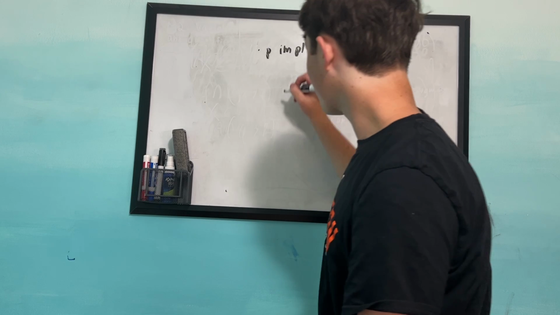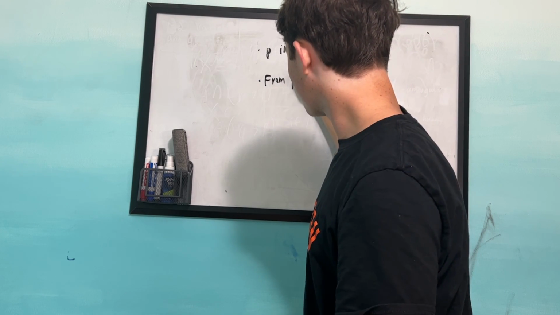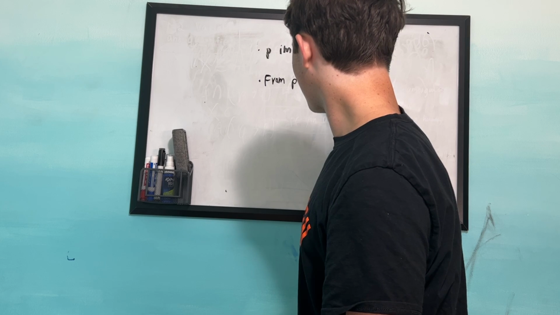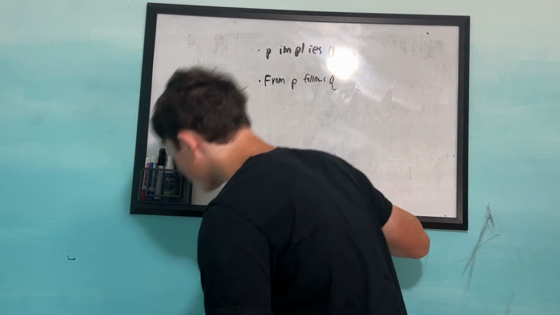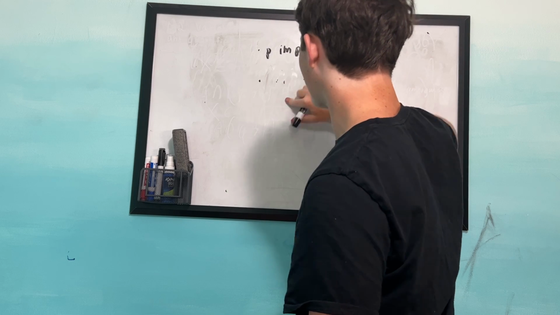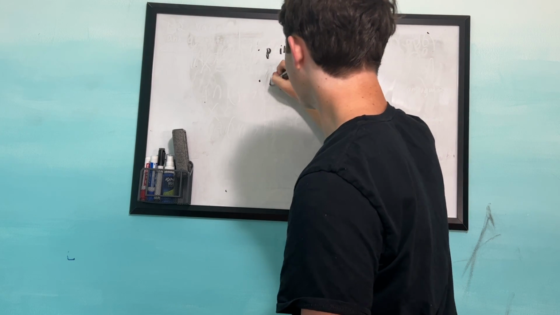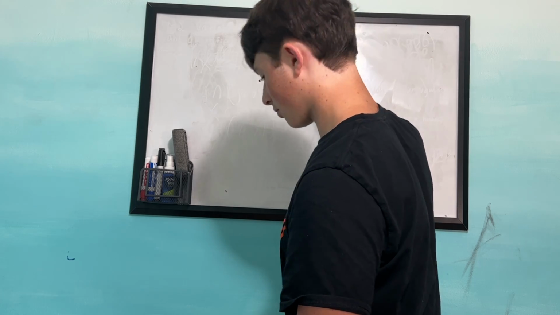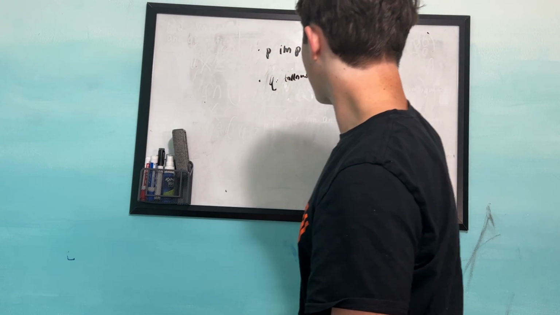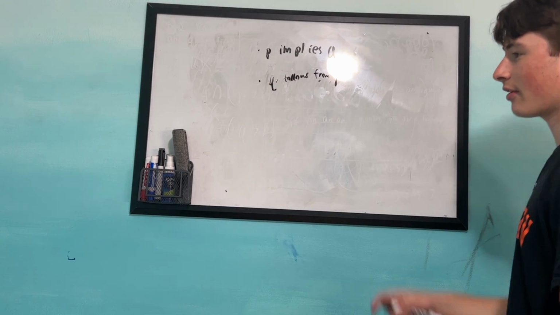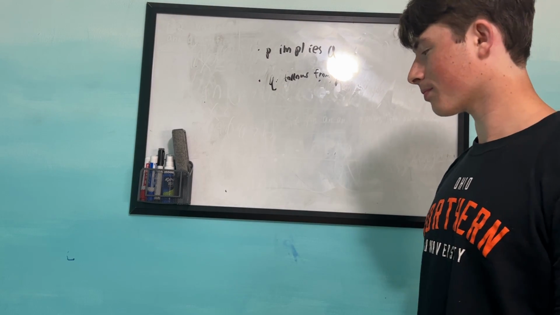He also says from P follows Q. Or actually, no, that's wrong. Q follows from P. So yeah, you have P, then that leads to the way that Q ends up.